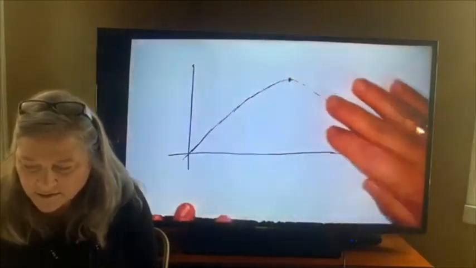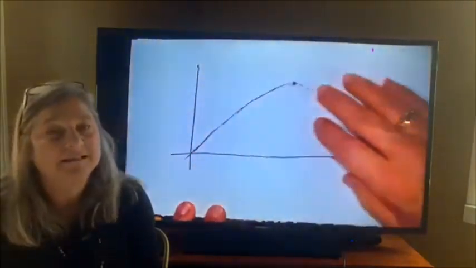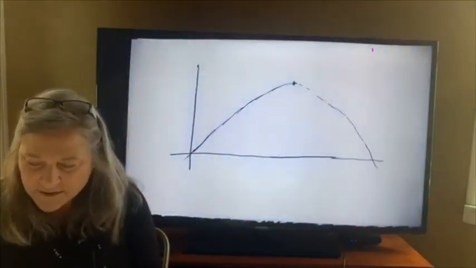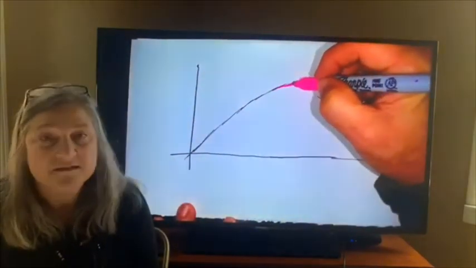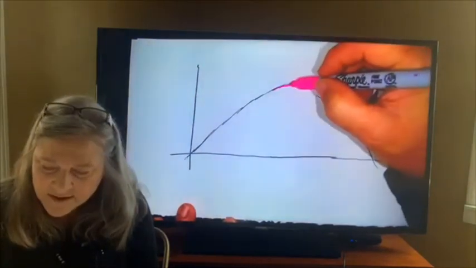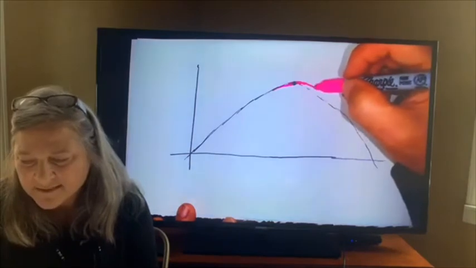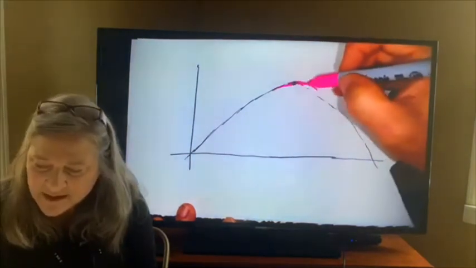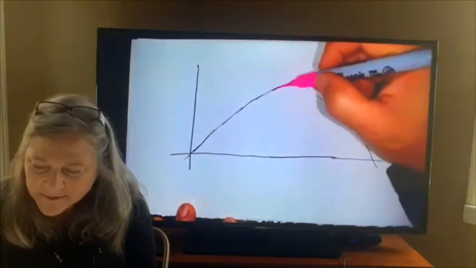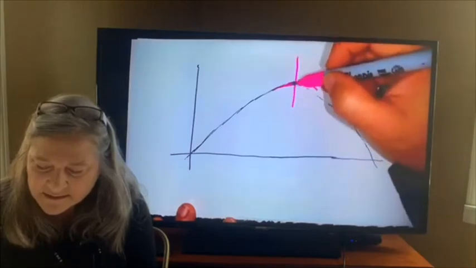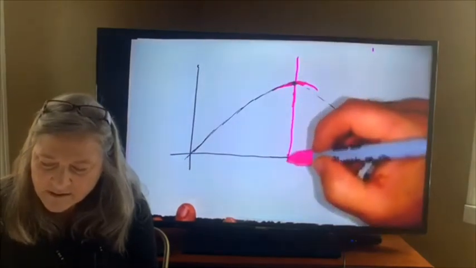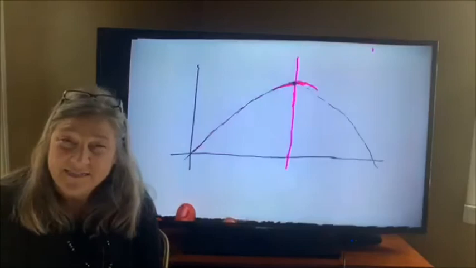So here's what we know. If this is the curve of the number of COVID cases, once we hit that peak and start to flatten the curve, it may go a little flatter and then start to come down. But if we're looking at it purely as a parabola, and this is the vertex right here, what can we tell?